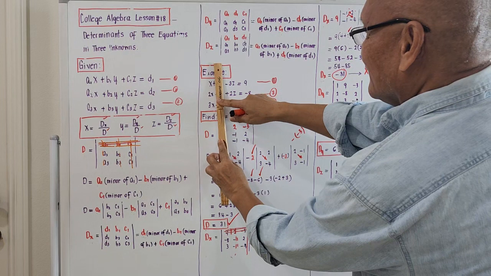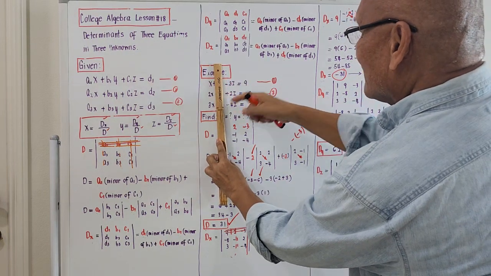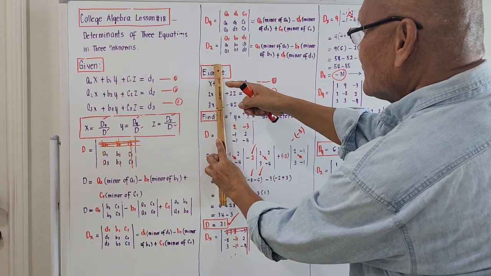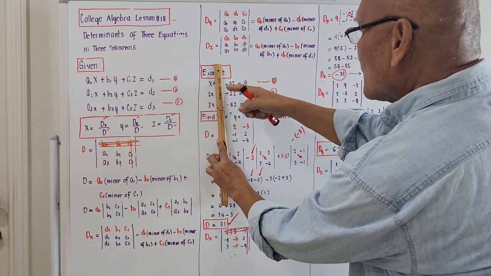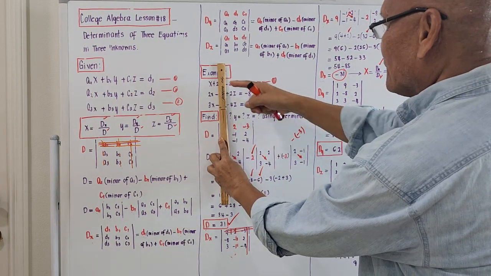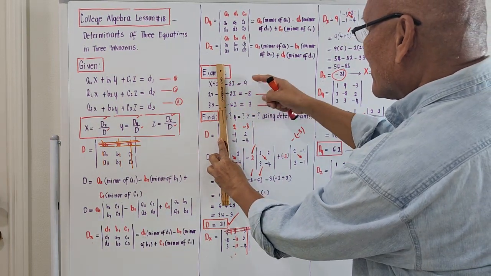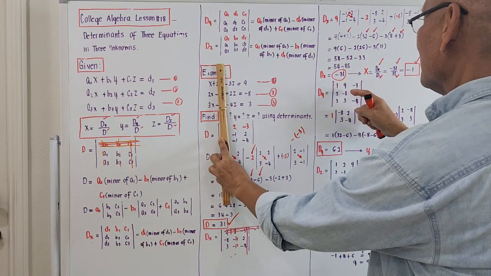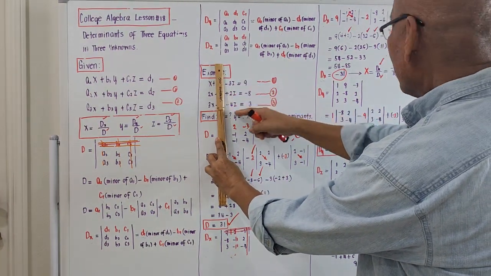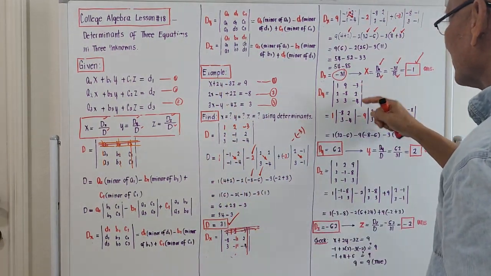Then we replace this column by this column. So the elements inside the matrix for d sub y should be 1, 2, 3. We replace this covered column by 9, minus 8, and 3. Next one will be negative 3, 2, and minus 4.